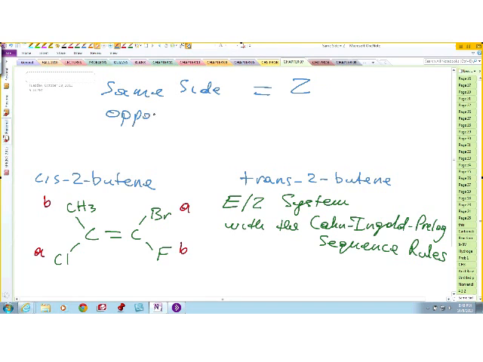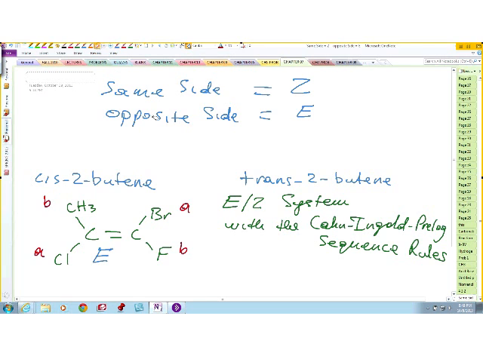If they are on opposite sides, that would be your E stereoisomer. So in this case, the A's are on opposite sides, right? Okay, so what would be the stereochemistry of this carbon-carbon double bond? E. So this becomes E.